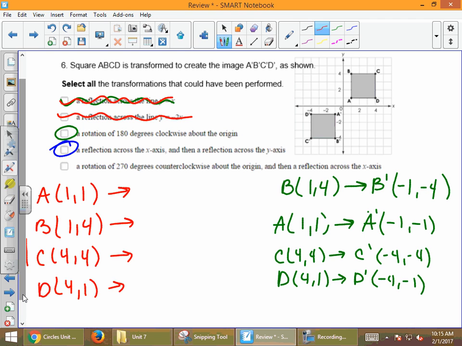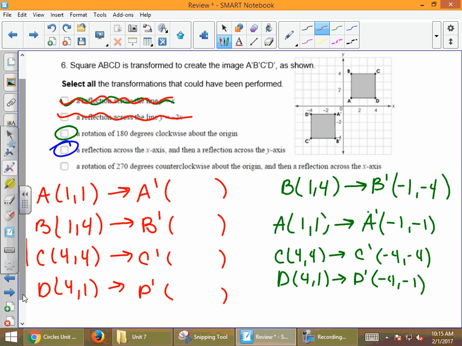What happens to our point when we do a 270-degree rotation? Good. We flip the points, and then what sign do we change? The first or the second one? If it's 270. Second one, good.